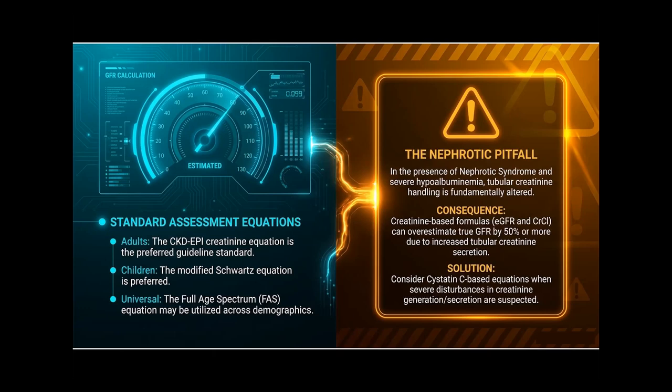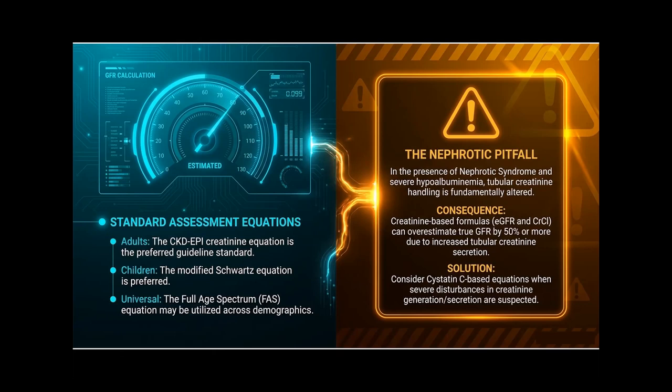The full age spectrum equation may also be utilized. Now, the nephrotic pitfall: in the presence of nephrotic syndrome and severe hypoalbuminemia, tubular creatinine handling is fundamentally altered. The consequence is that creatinine-based formulas are erroneous.